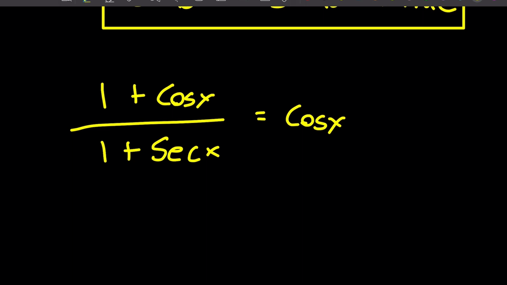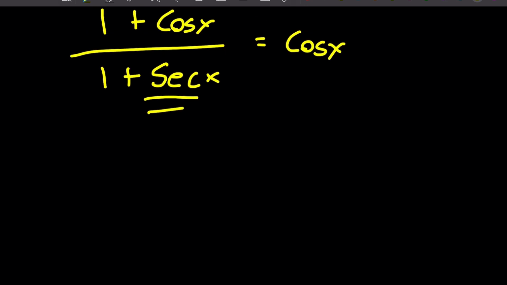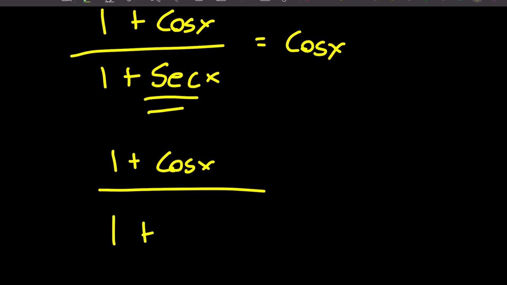Whenever you're doing these kind of questions and you see anything that deals with sec, cosec, or cot, or even tan, immediately replace them in terms of cos and sine. Because it's going to make it so much easier for you because you know how to work with these. So removing that, we'll have 1 plus cos x over 1 plus, now remember sec is just 1 over cos, so 1 over cos x, should be equal to cos x.